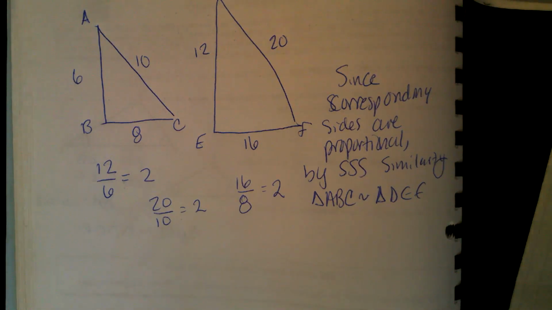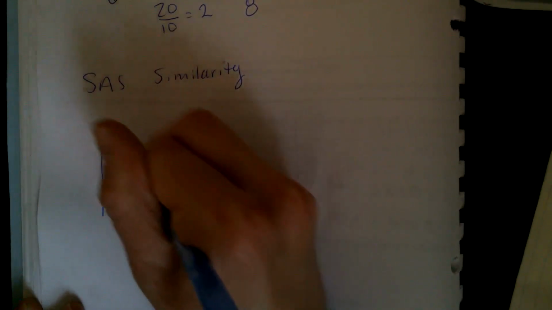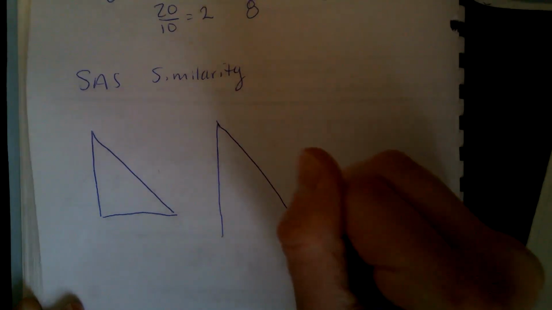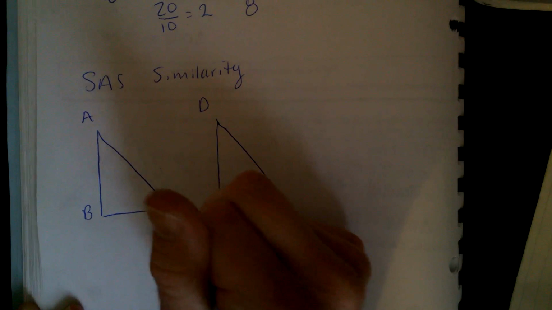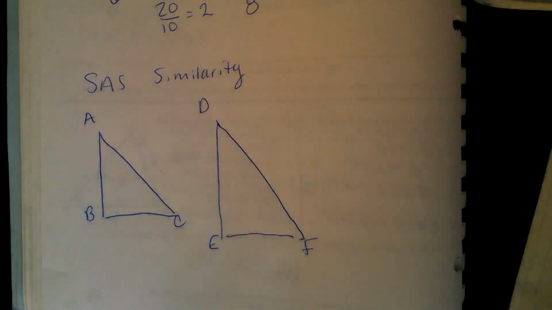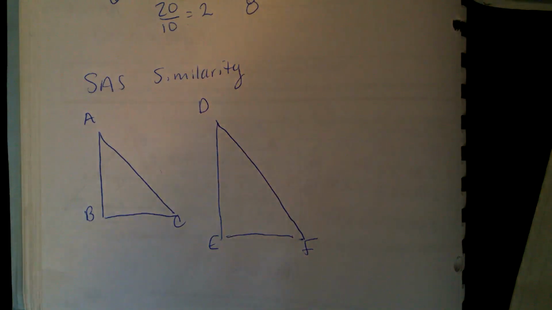Okay. Now let's talk about side angle side similarity. So side angle side similarity is where two sides of a triangle are proportional, but their included angle is congruent.